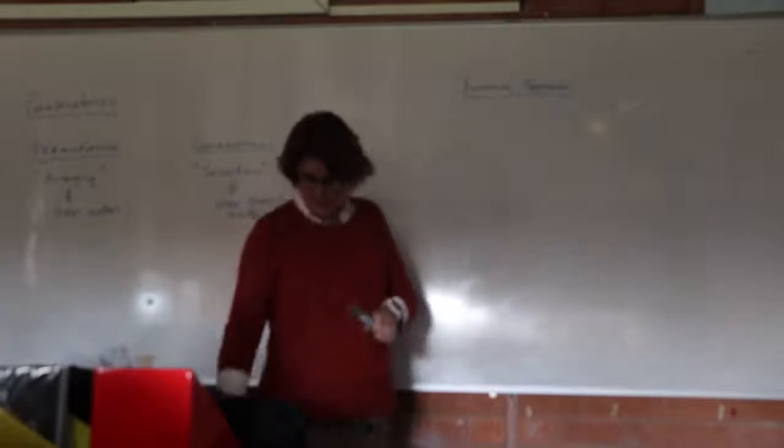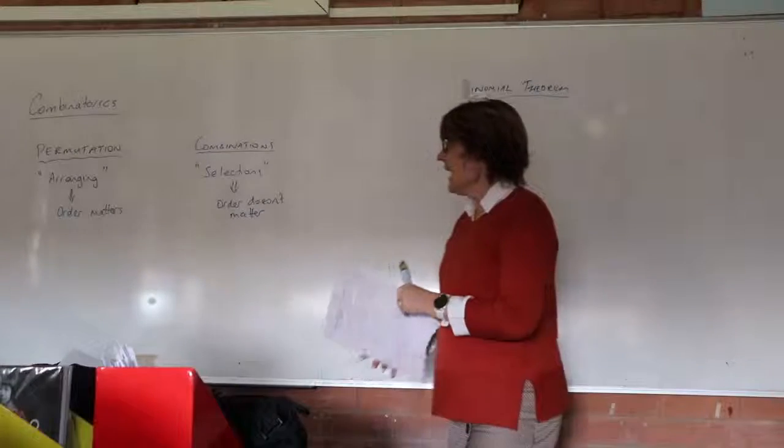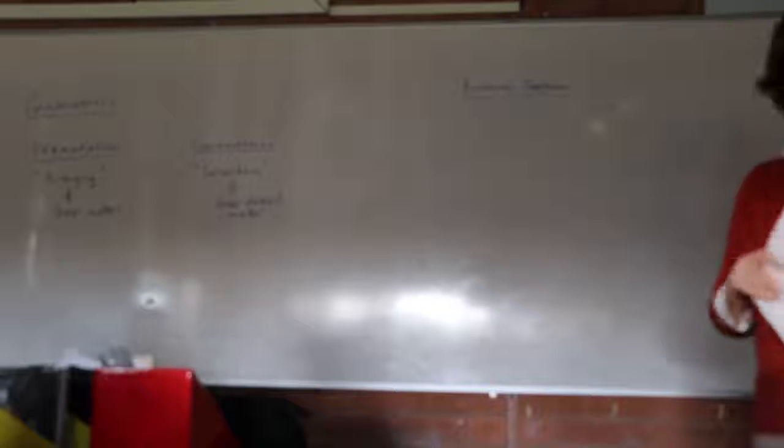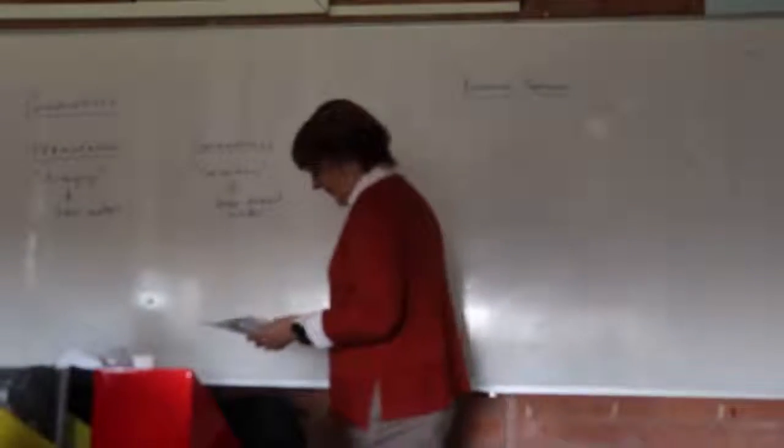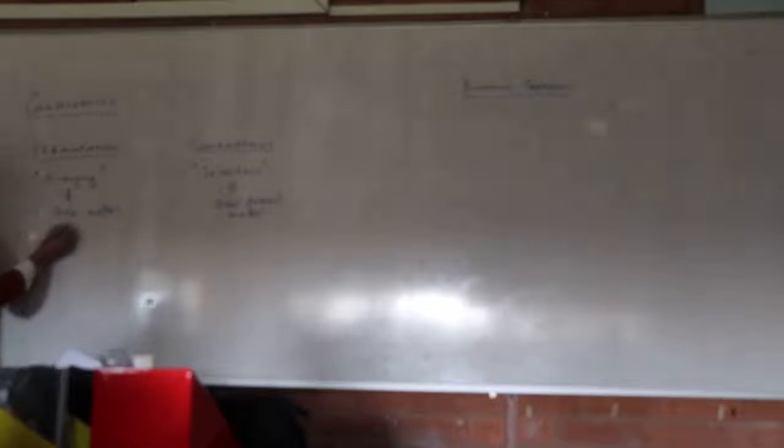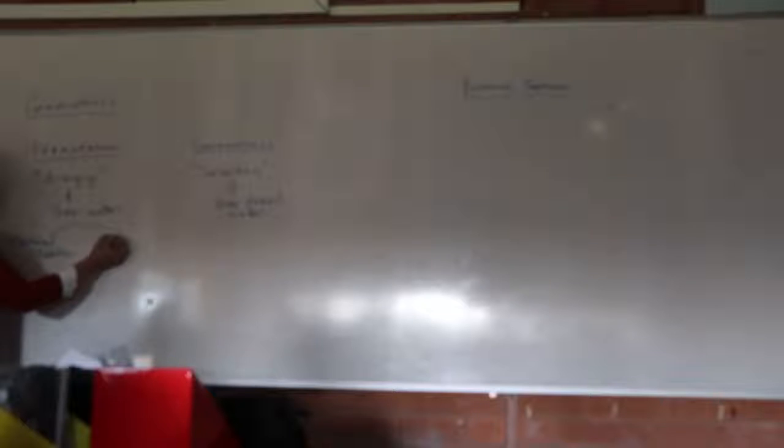Okay, so in permutations, there are still kind of two sections. There's the factorial notation and then a proper permutation. So what is the difference between straight factorial notation and true permutations?